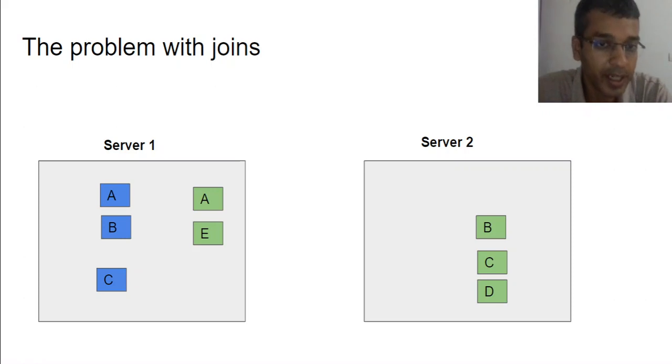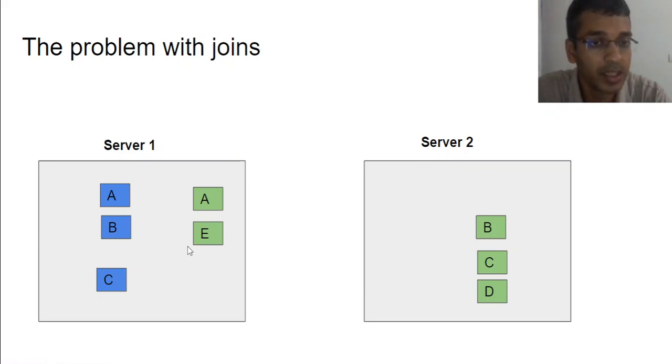So assume that you had a SQL database that had data spread across two servers in some random fashion. So here is a table in blue with the records A, B, C, and you have another table in green with records A, B, C, D, E. But as luck would have it, B, C, D are in server 2, whereas A and E are on server 1. Now look at how your join technique will work.